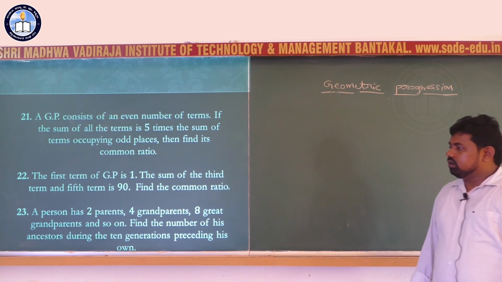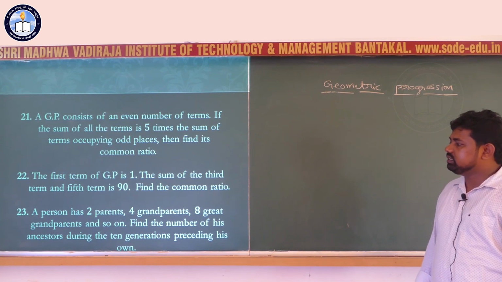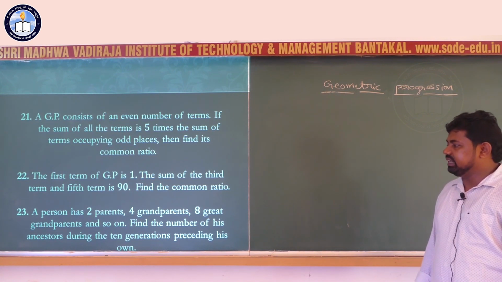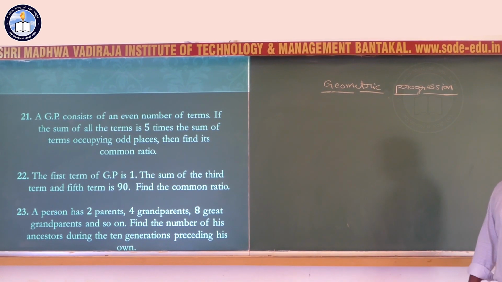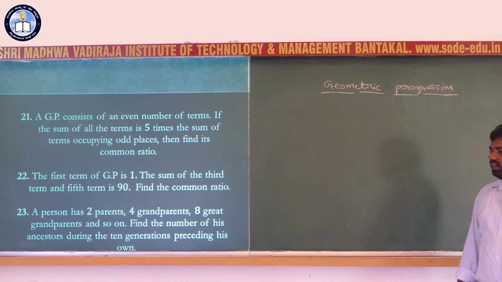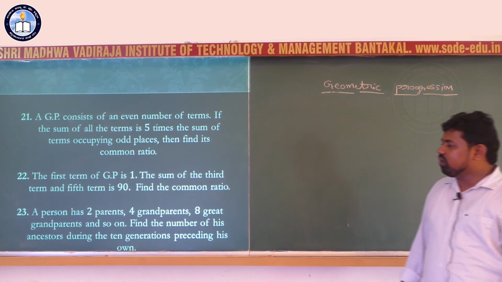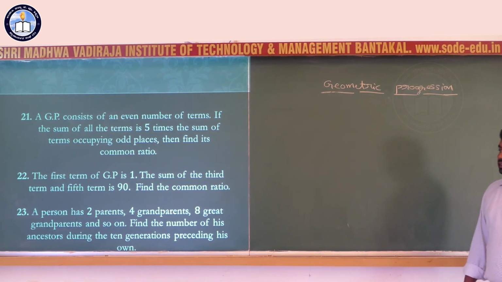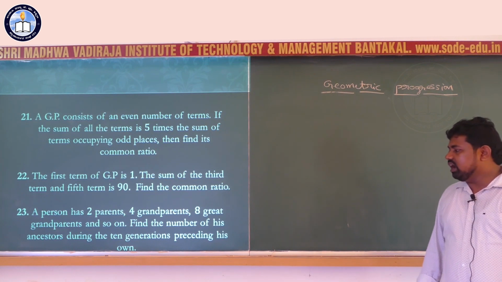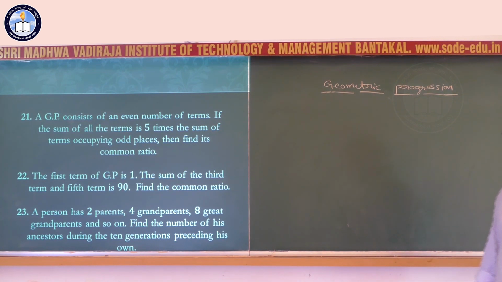Here person has 2 parents in the first generation, number of ancestors 2, 4 grandparents in the second generation, number of ancestors is 4. Like that. Here we want sum of all the ancestors of the person in the last 10 generations.